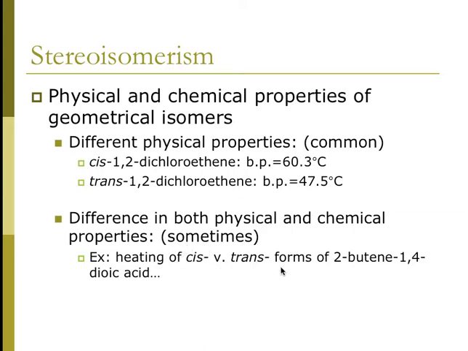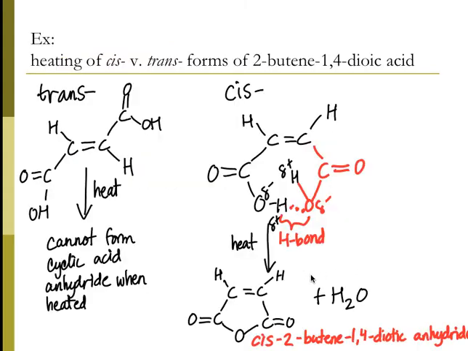We're going to take a minute and look at the cis and trans forms of 2-butene-1,4-dioic acid. Here is the trans form, and here is the cis form. What we're showing here is that carboxylic group and this OH group can be attracted via hydrogen bonding, and eventually form a cyclic compound.